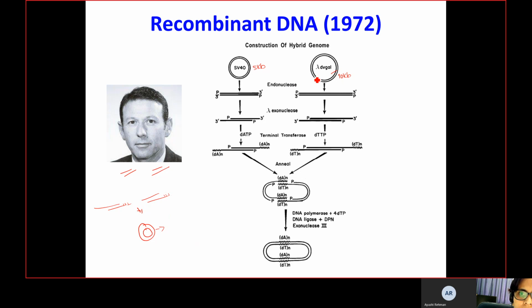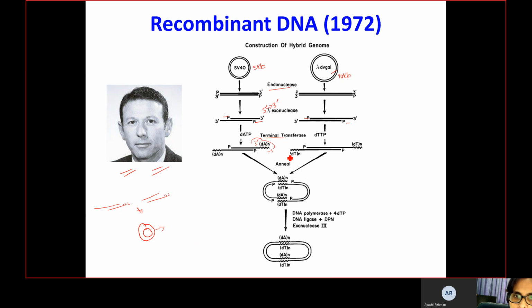He first linearized his plasmids and SV40 with the help of endonucleases, and especially with the help of 5 prime to 3 prime exonuclease activity. He chopped off the 5 prime sites in this direction as well as in this direction, both for SV40 as well as for the E. coli gene. Then with the help of terminal transferases, he added complementary tails at the 3 prime end. Terminal transferase acts only at the 3 prime ends.